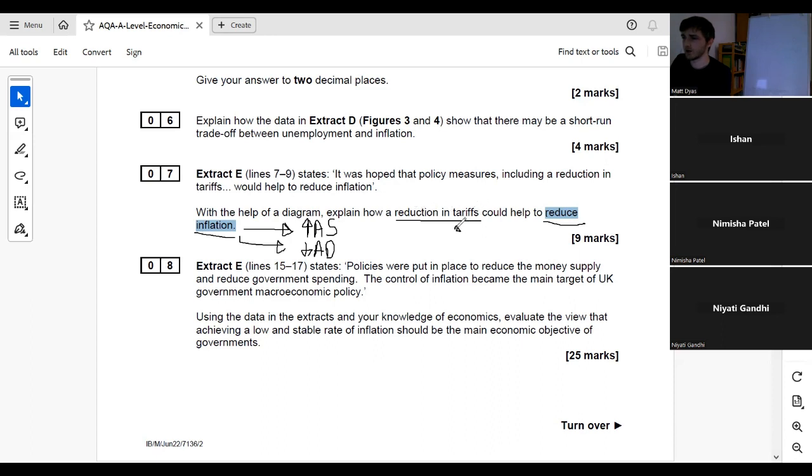You should know from our previous lessons that tariffs are a tax on imports, and you should know from previous lessons exactly how taxing imports could relate to AS and AD. In fact, I think I literally said the exact analysis chain, the chain links you potentially need here.